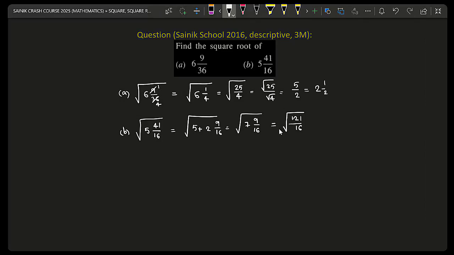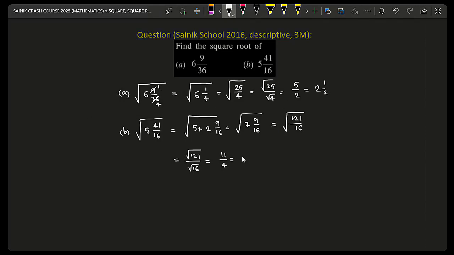Now, what's the next step? Sir, you can take the root to both. Yes, you can distribute the square root to numerator and denominator. Root 121 divided by root 16. What is root 121? 11. Denominator 4.